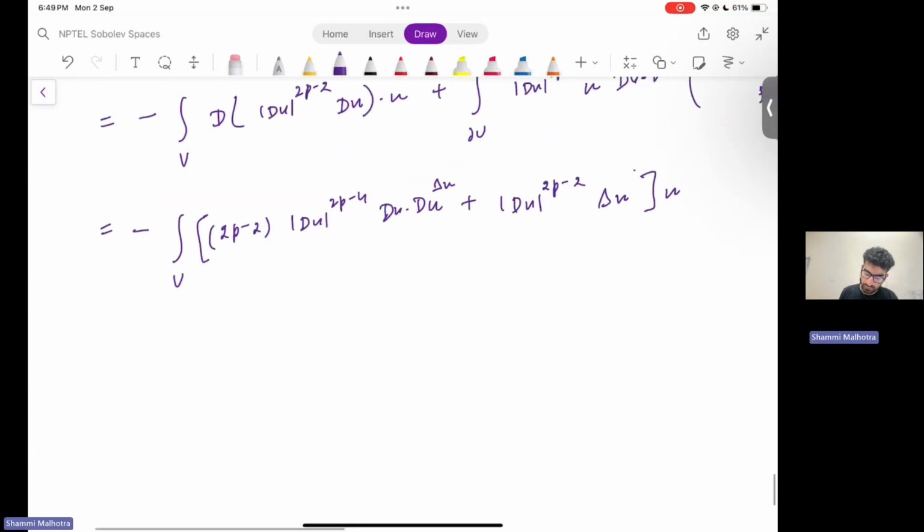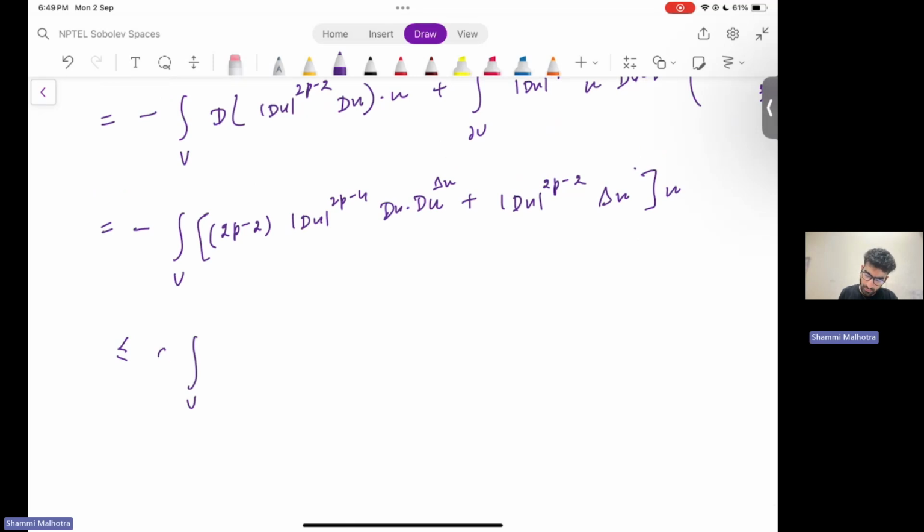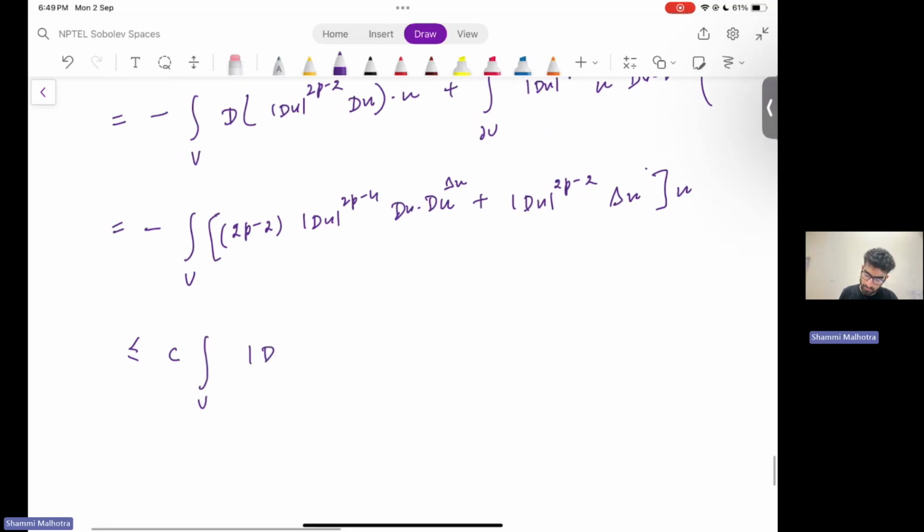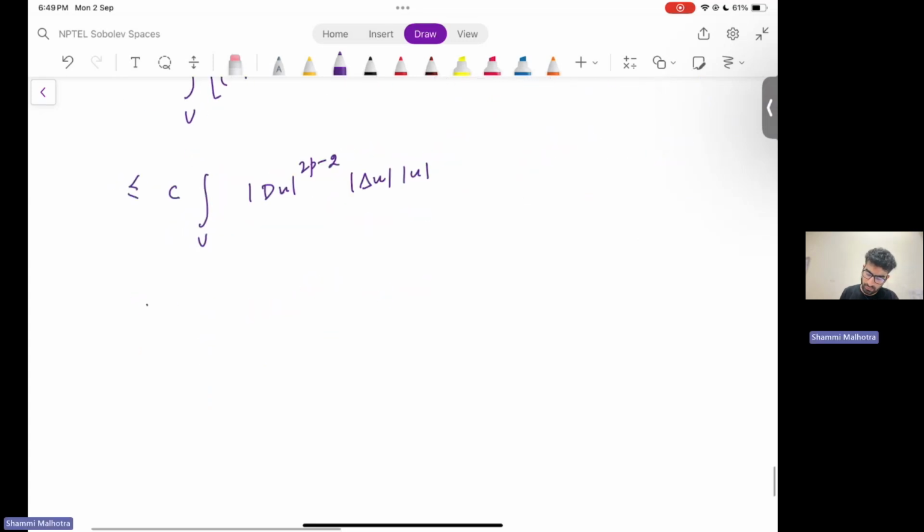So this is eventually less than or equal to the integration of u with some constant, mod Du to the 2p minus 2, mod of Laplacian u times mod of u, and now we use the Hölder inequality.